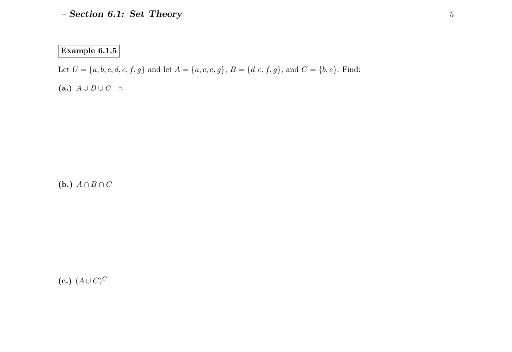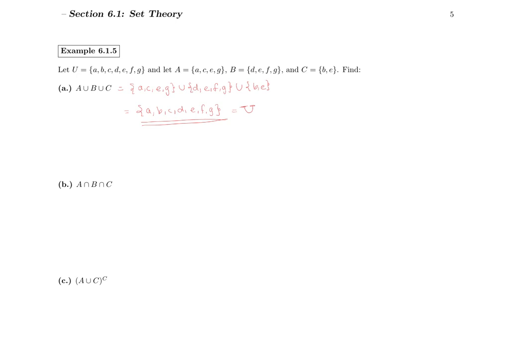If I wanted to look at A union B union C, I'm looking at A, C, E, and G unioned with D, E, F, and G, which is also then unioned with B and E. If we look through all of those elements, we get all of these letters: A, B, C, D, E, F, and G. So our solution would be A, B, C, D, E, F, and G, which is also our universal set.